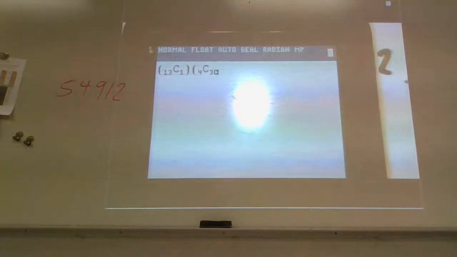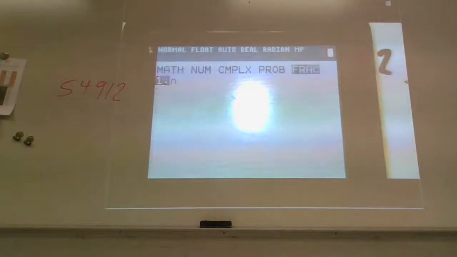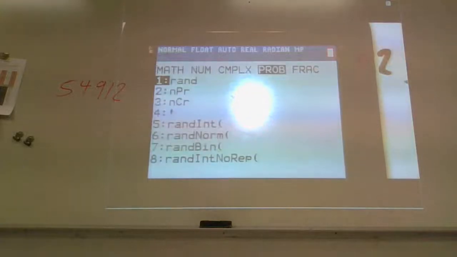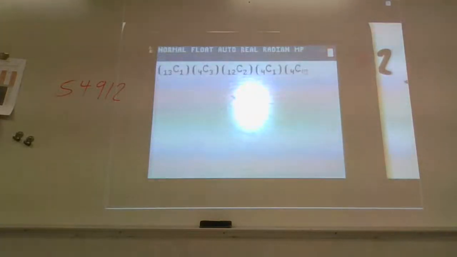So then the 4C3, and I tab over, close it, open, Math, Prob, nCr, 12 and a 2, boom, boom, Math, Prob, nCr, 4 and a 1, boom, boom, Math, Prob, nCr, 4 and a 1, boom. That's what it really should look like.